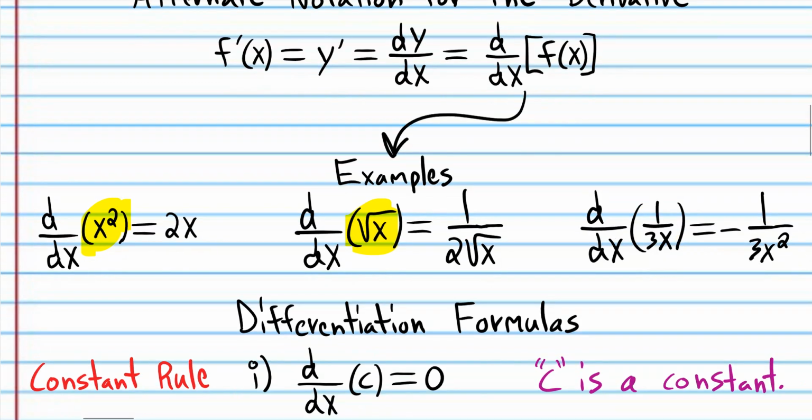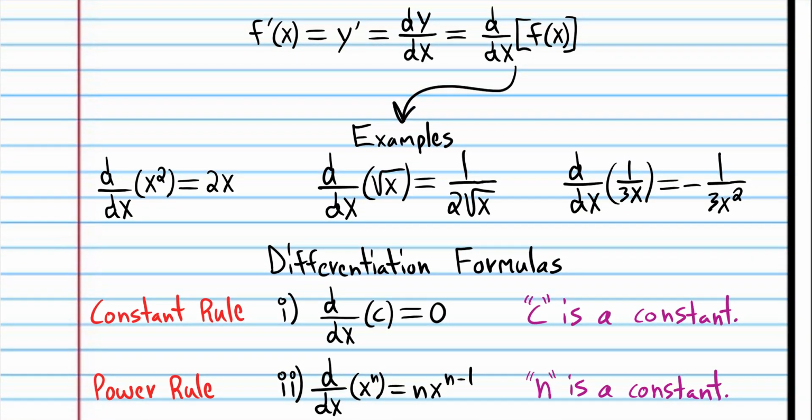In those situations, we use this notation up here. And so this notation is useful because it indicates two things. Number one, we're finding the derivative of the function, and number two, we're identifying which function we're finding the derivative of.